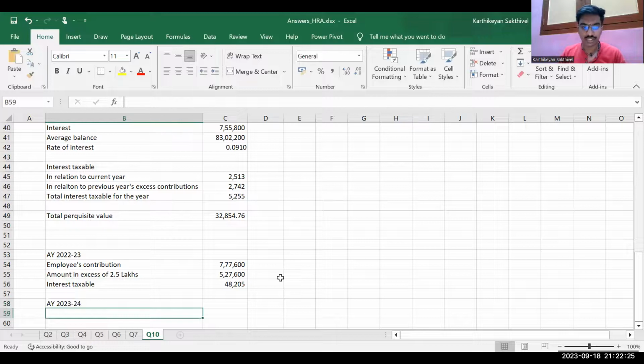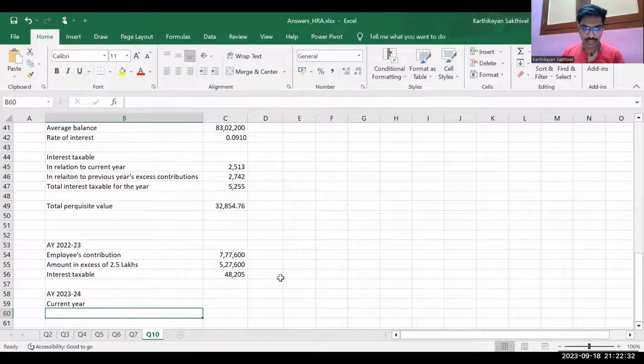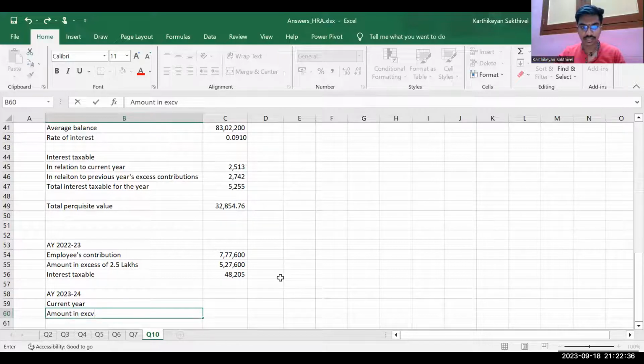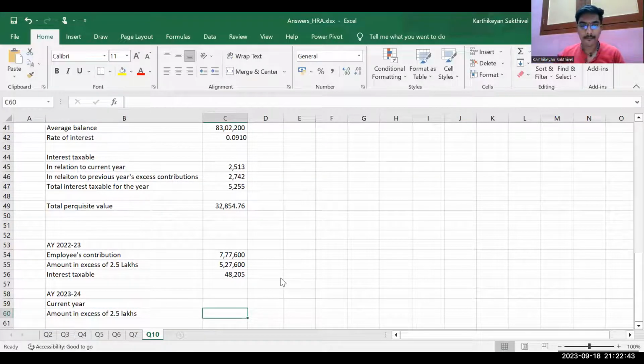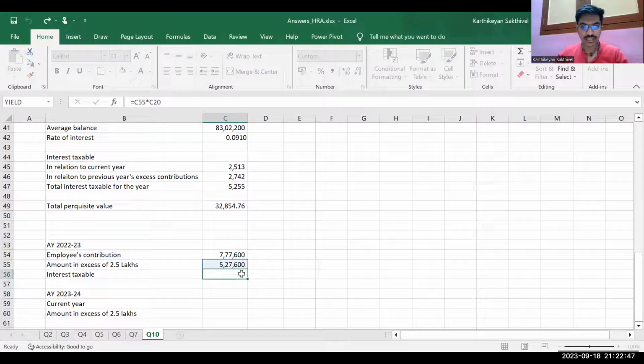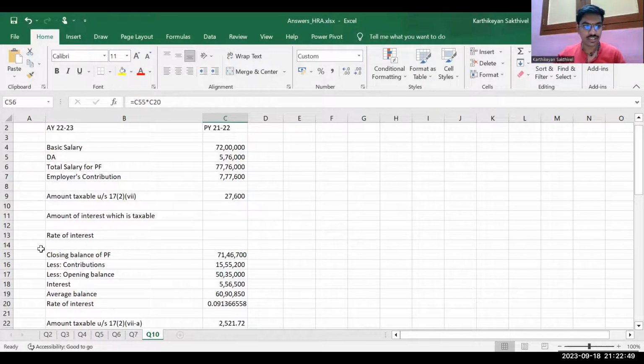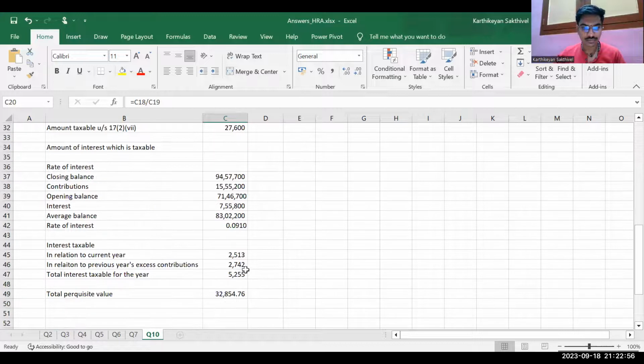Now we'll go to assessment year 23-24. இதில் வந்து ரெண்டு பார்ட் இருக்கும். Current year. Current yearல வந்து amount in excess of 2.5 lakhs. போன வருஷத்தோட இன்ட்ரெஸ்ட் வந்து 9.13%. So C20 is nothing but 9.13%. சார் எனக்கு வந்து 48,170 வருது.